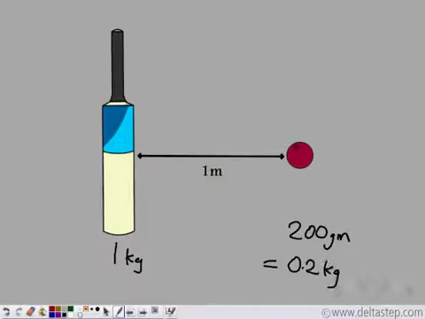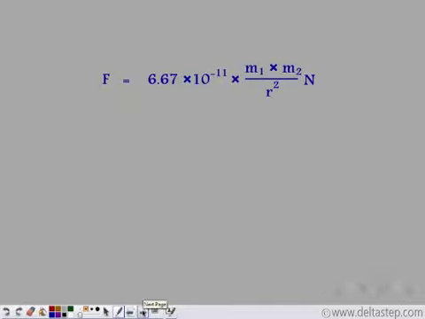And let us assume that they are at a unit distance from each other, that is at a distance of 1 meter from each other. So let us find the gravitational force of attraction between this bat and this ball. We know that the gravitational force of attraction is equal to 6.67 into 10 to the power minus 11 into m1 into m2 divided by r square.